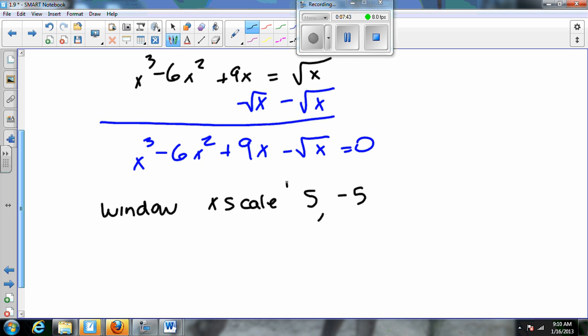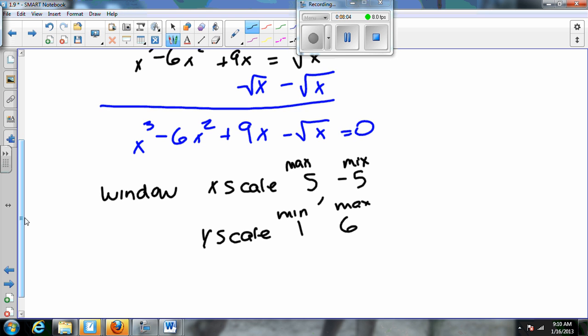So this would be the max, and this would be the min. And the y scale is going to go from 1 to 6. Nope, that's totally switched. This should be the y scale, and this should be the x. Sorry, I don't have my graphing calculator in front of me.